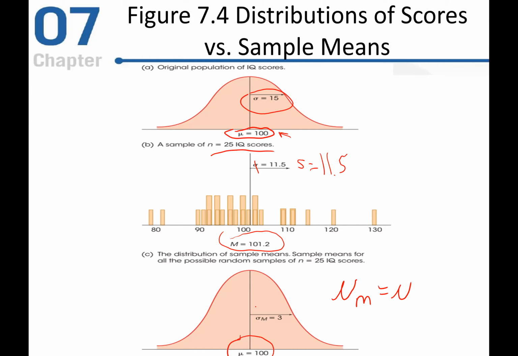And the standard error of the mean is going to be 3. We know it's 3 because we have a sample size of 25 and a standard deviation of 15. So 15 divided by the square root of 25 gives us 15 over 5, which equals 3. So the standard error of the mean equals 3.